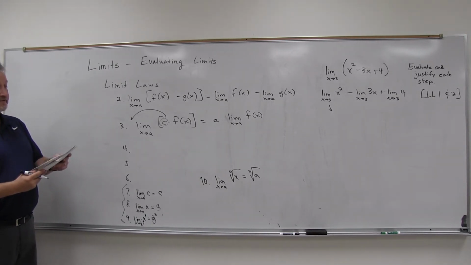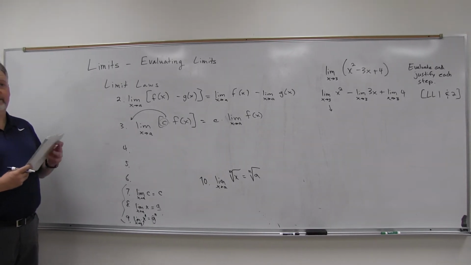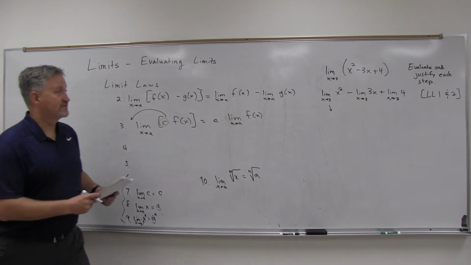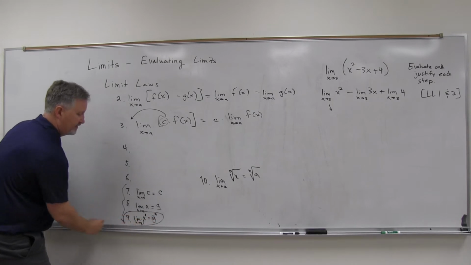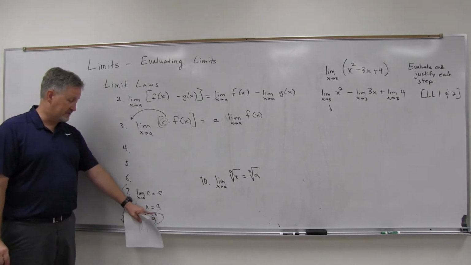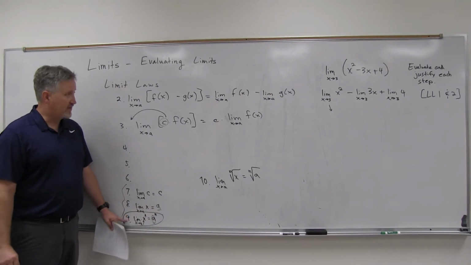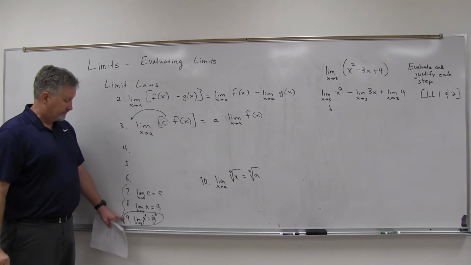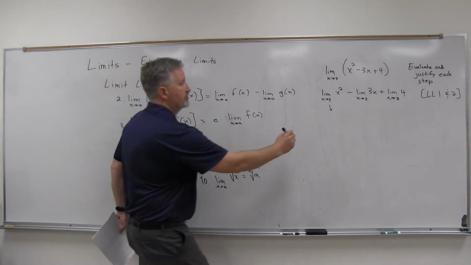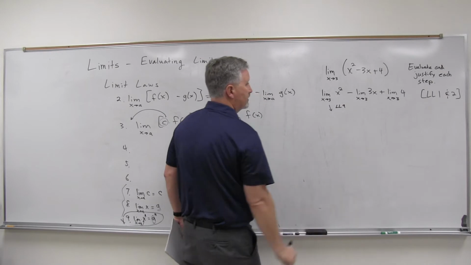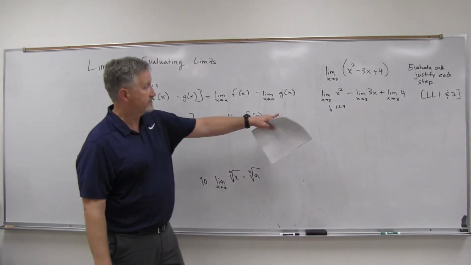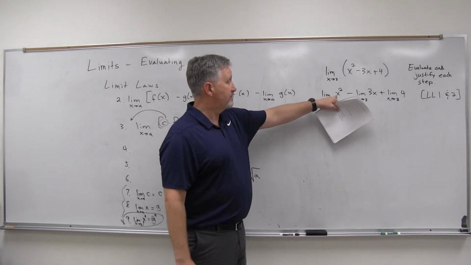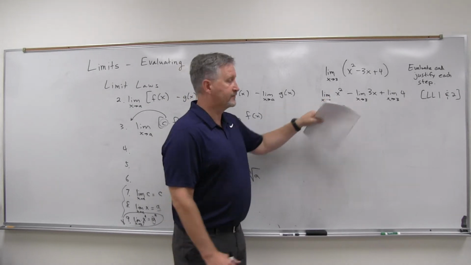Actually, limit law number 9, isn't it? Yeah, because we've got x to a power. So that's an application now of, I've got x to the second power. n is some power. So what can I say for that one by limit law 9 here? That's going to be a squared. What's the a? a is what the x is going to. So isn't it, by limit law 9, 3 squared?